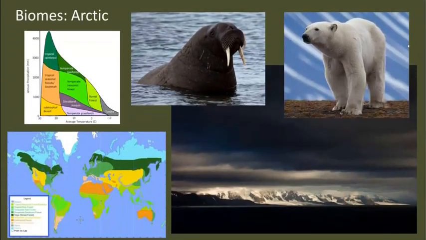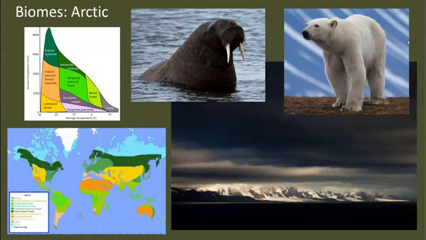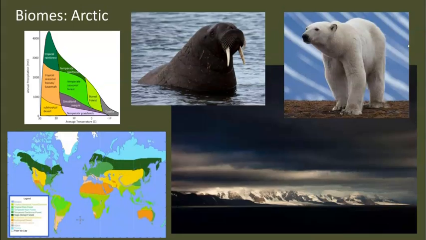Starting from the poles and working south, the first biome we encounter is the Arctic biome, which in this image is actually barely shown by this location here, which is Greenland, and over here the island system of Svalbard.